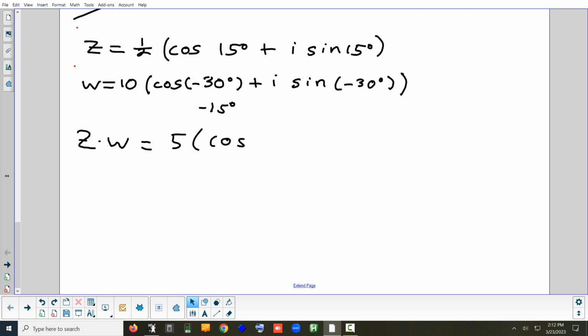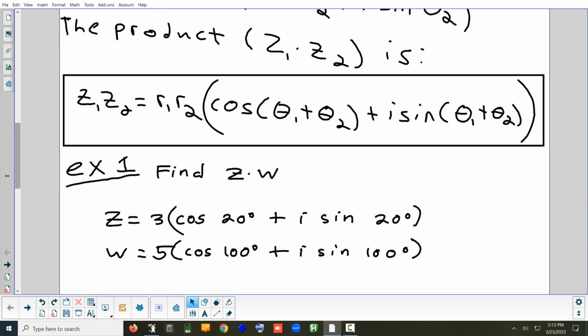So if you get negative 15, add 360, and you get 345. That's it. So that's how you multiply two complex numbers that are in trig form or polar. Any question on this one?